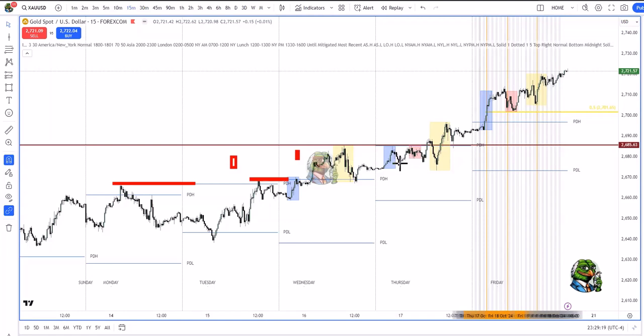On Thursday, breakout traders have entered the market because the previous daily high has been triggered. That's 3 days of breakout traders now in the market. None of these folks have been stopped out. And then on Friday, breakout traders have entered the market because a previous daily high has also been triggered. So Tuesday 1, Wednesday 2, Thursday 3, and Friday 4.